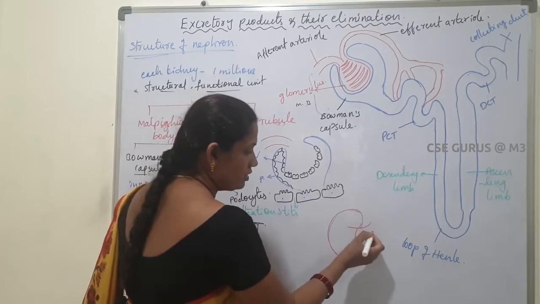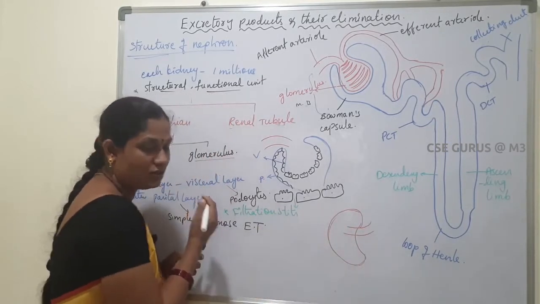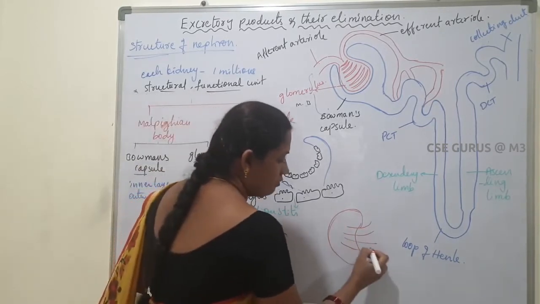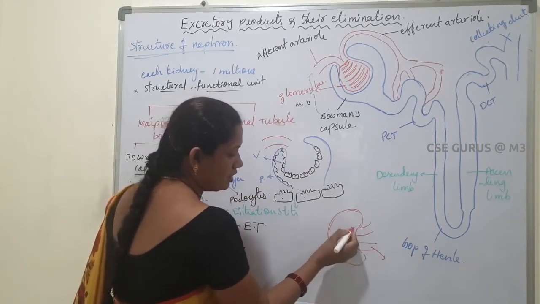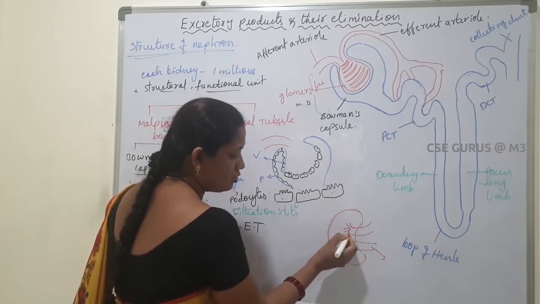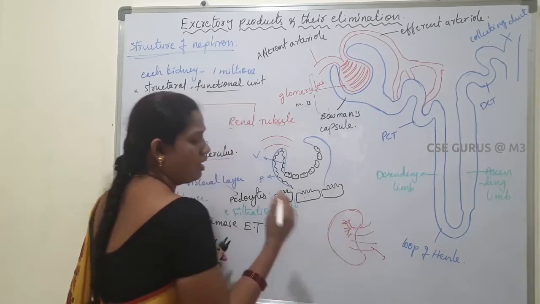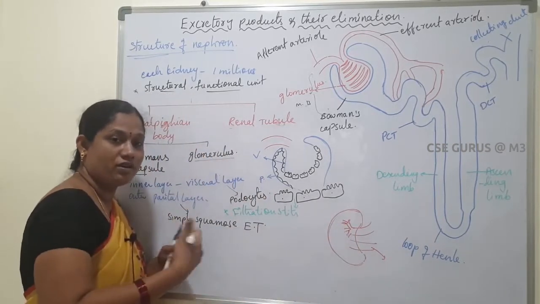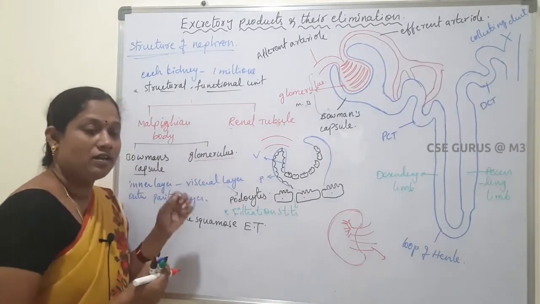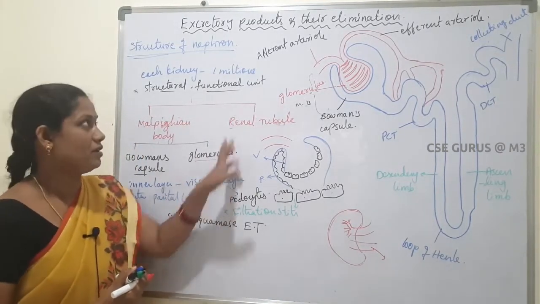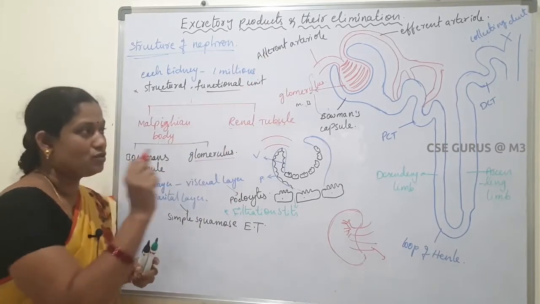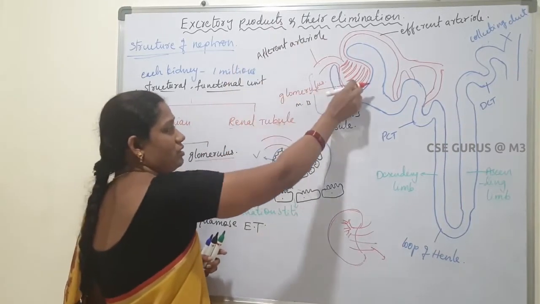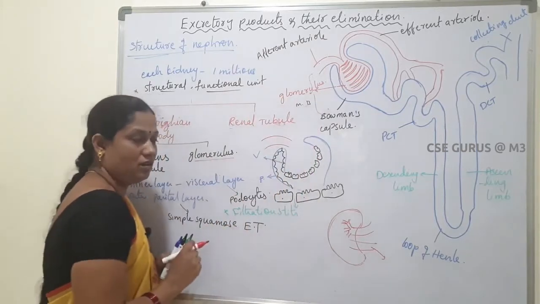Through the hilum, the renal artery enters inside, and the renal vein comes out. The renal artery divides into many branches, which divide again to finally form small capillaries called arterioles. Each arteriole enters a nephron.